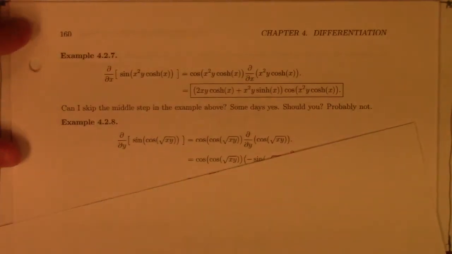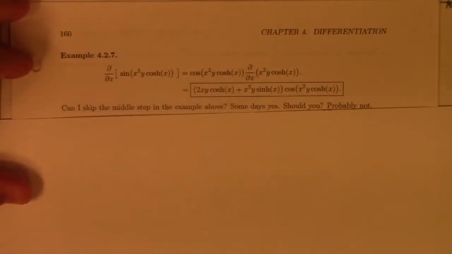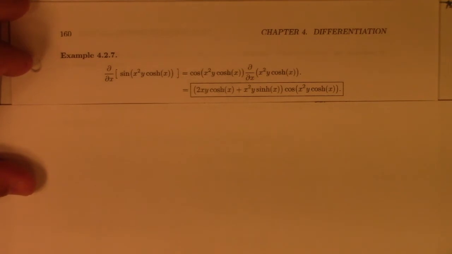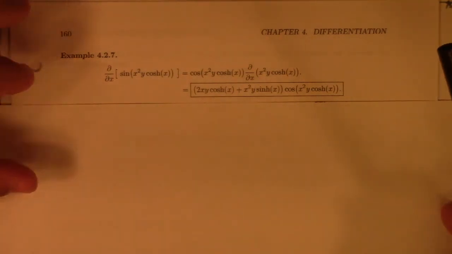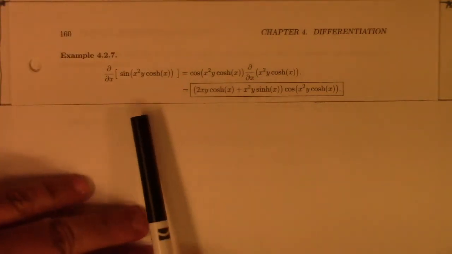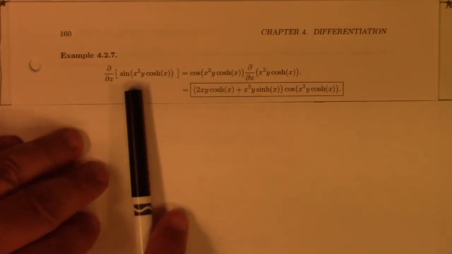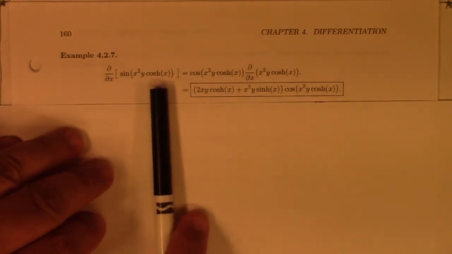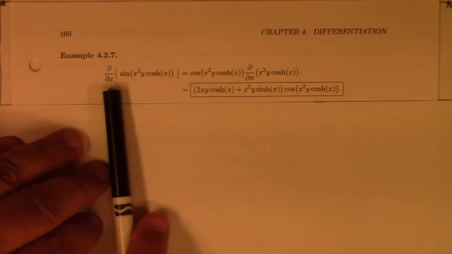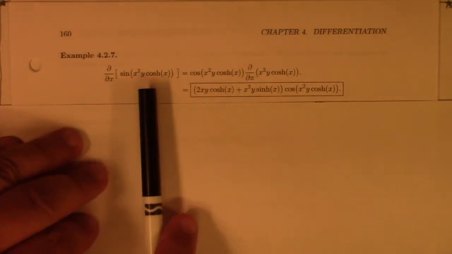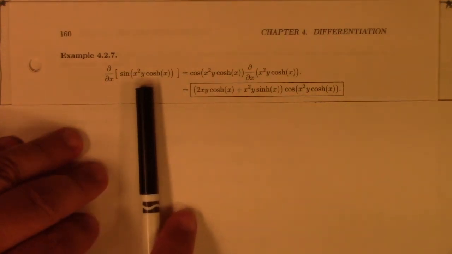All right, well, moving along. I have a stupid number of examples. I hope you don't mind if I kind of go through them all. Again, if you're bored of me talking through these examples, you may skip ahead. There's a lot of them. So, partial derivative with respect to x of sine of x squared y cosh x. Again, when we differentiate with respect to x, we think of y as a constant, all right?